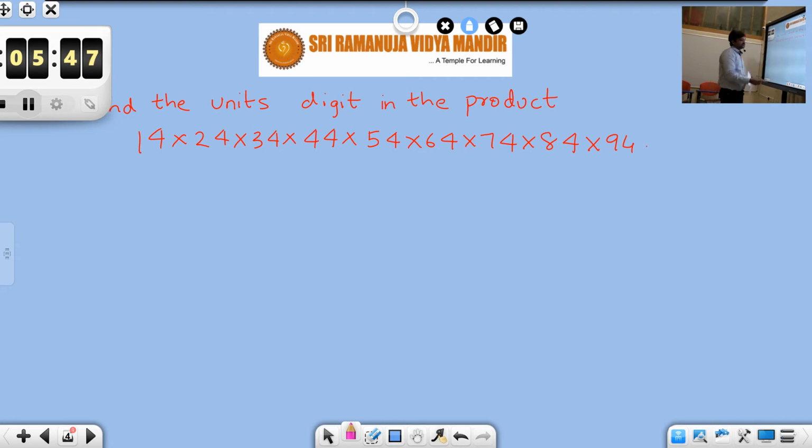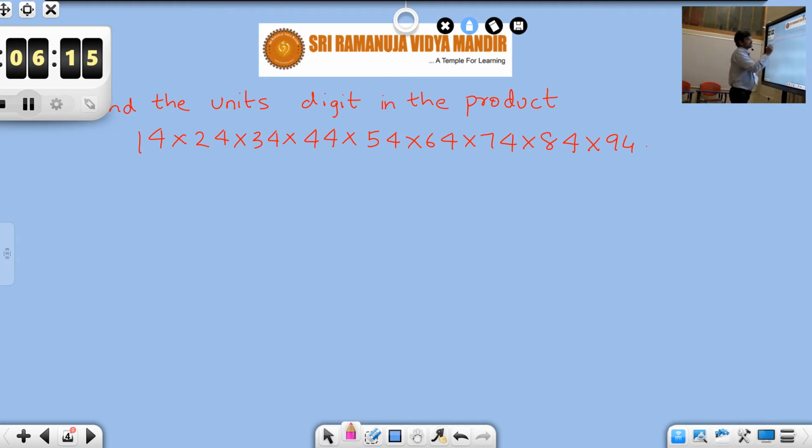Here we need to find the units digit in this product. They have given a set of numbers multiplied with each other, and we need to find the units digit. Students, as I have already discussed in one of our lectures, the units digit of the product depends only on the units digits of the individual multiplicands.